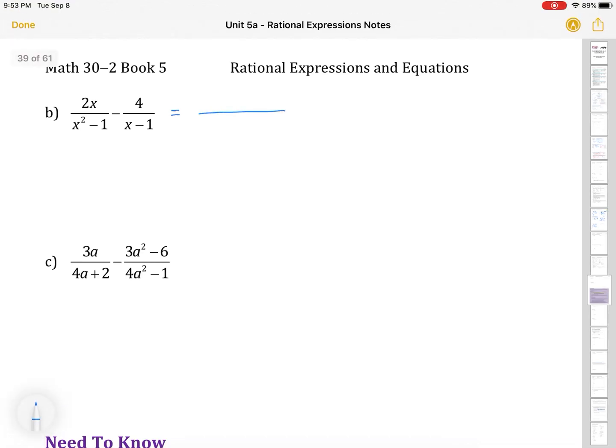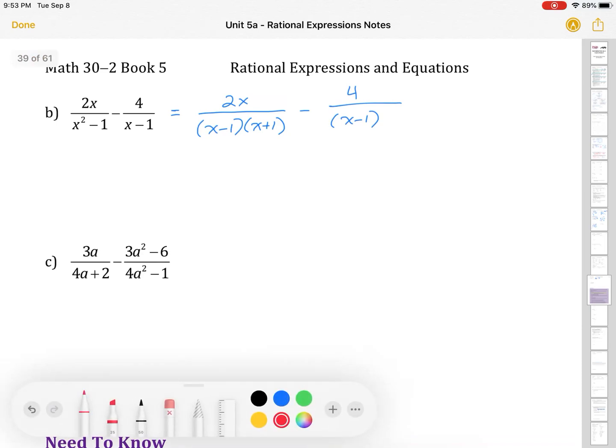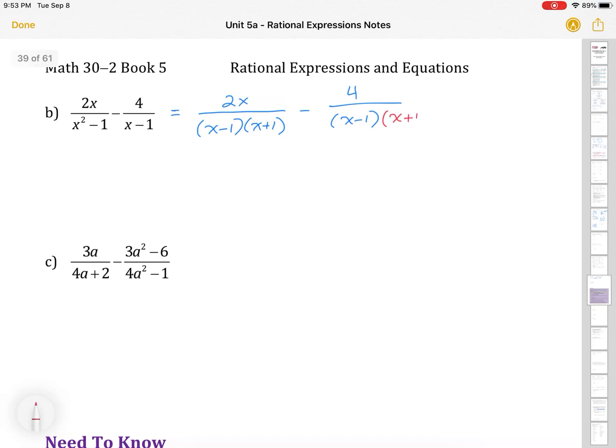If I look at these, that first one there is 2x over x minus 1, x plus 1, subtract 4 over x minus 1. So again, like that last question, if I want the same denominator, all I have to do is multiply this one by x plus 1.